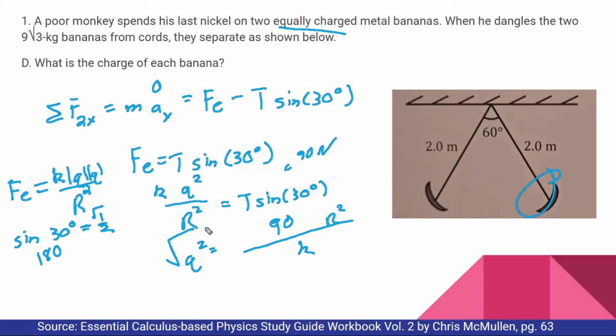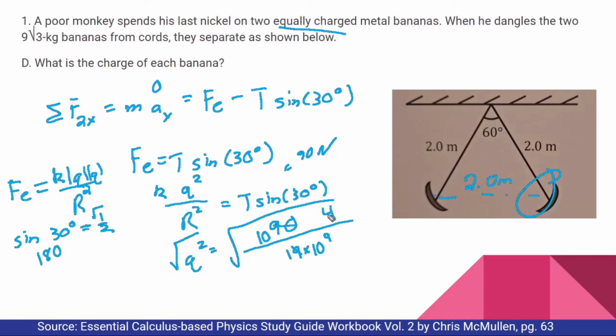When we square root both sides in order to get q by itself, we notice that the square root of r squared is just r. You know that the distance between the two is going to be 2.0 meters as well. So this r squared is going to become 4. And we know that Coulomb's constant is 9 times 10 to the 9th. And look, we have a 9 here and a 9 here, so we cancel out, we get 1 and 10.